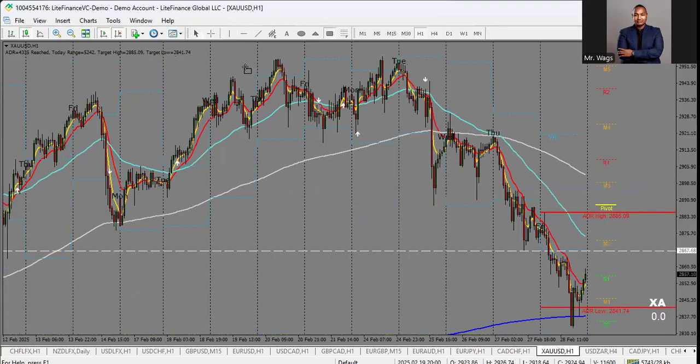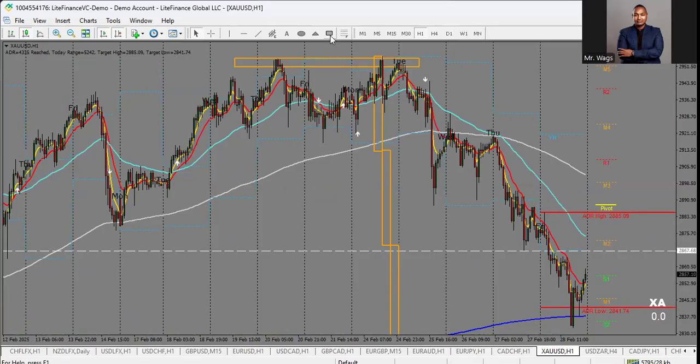So this is the peak that was formed on the hour time frame. A very, very good peak formation high. So we are finding ADR 1, 2, 3.